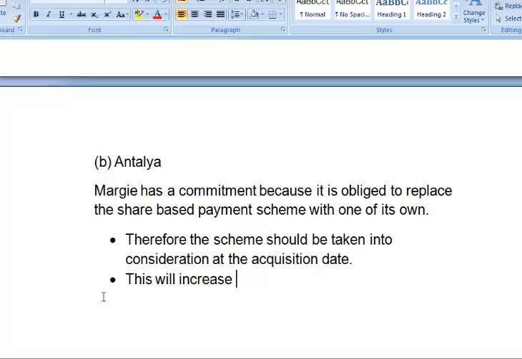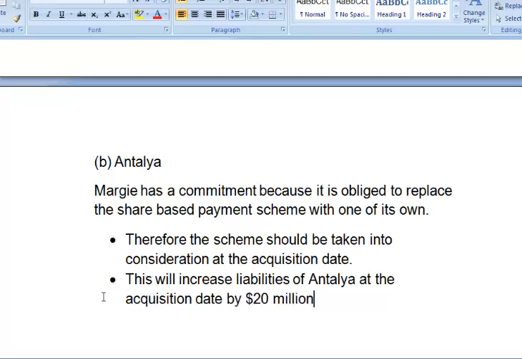This will increase the liabilities of Antalya at the acquisition date by 20 million, which is the fair value at control point.